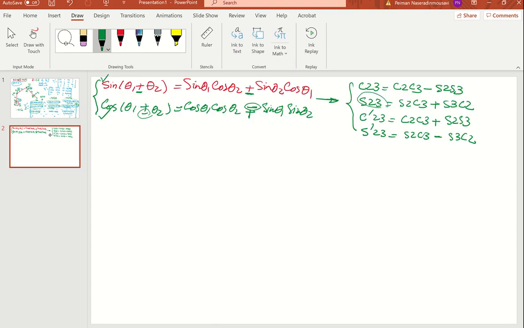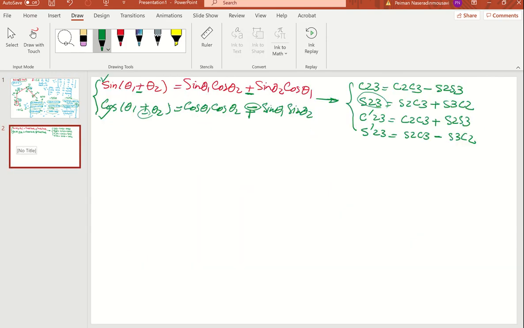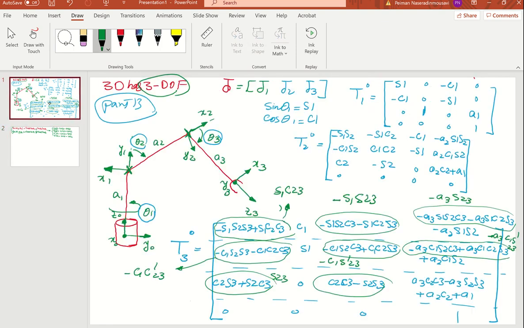This is S23, already defined. So what is this, based on whatever we defined here? Here we go. Cosine 23. Right? Cosine 23. And now if you factor out A3, it's gonna be again A3 cosine 23.